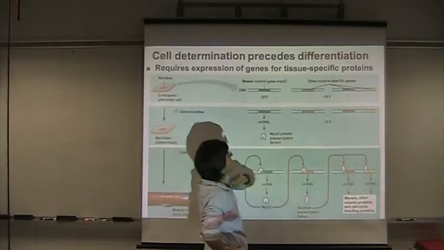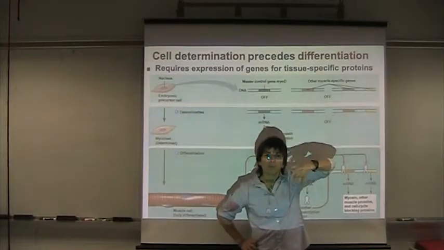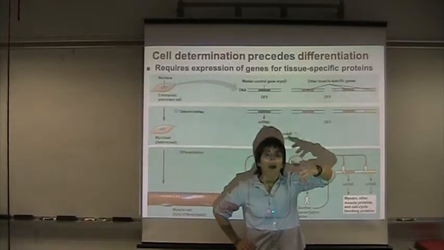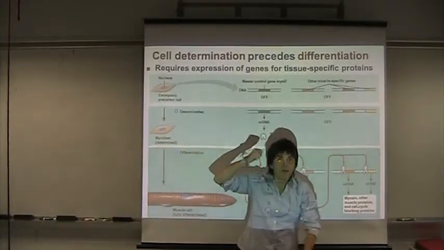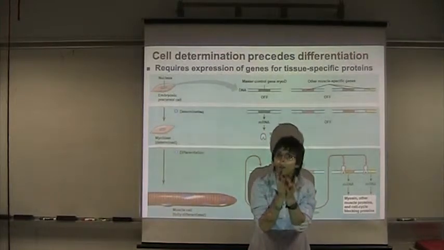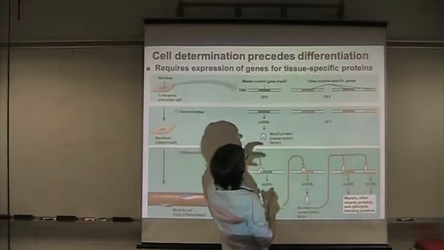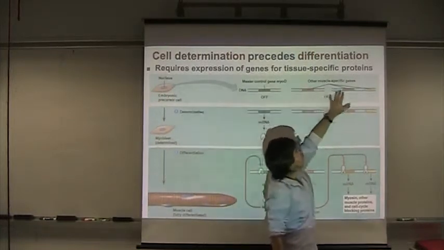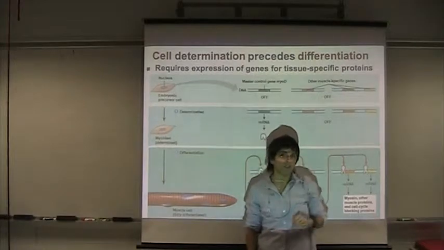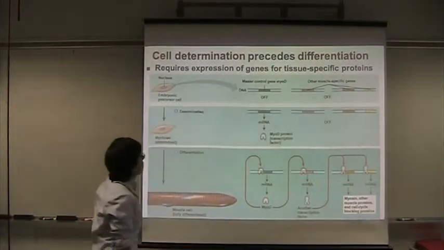Those two are going to have to be activated. In order for muscles to work, you need to have calcium, and you need to pump calcium, and so there is a host of other proteins that all need to be there, only in your muscle cells. So, to make a muscle, you need multiple genes to be activated. So how does it work?